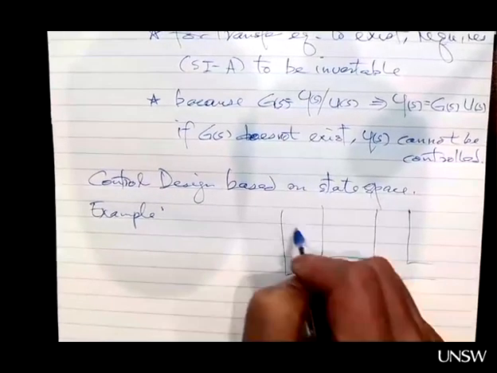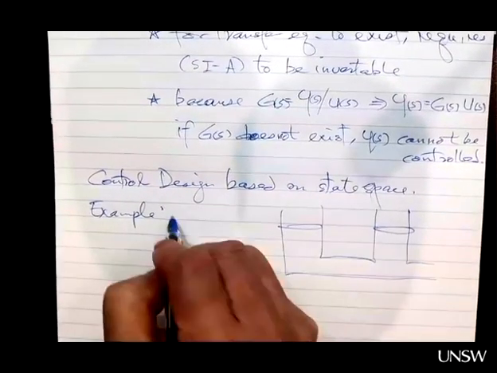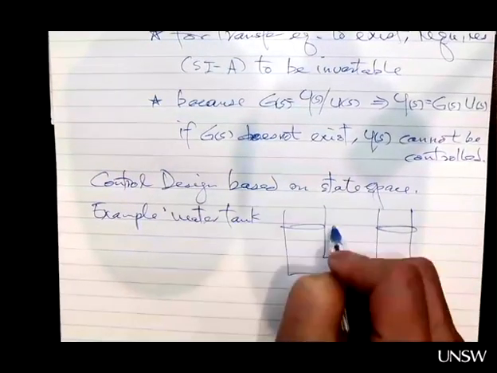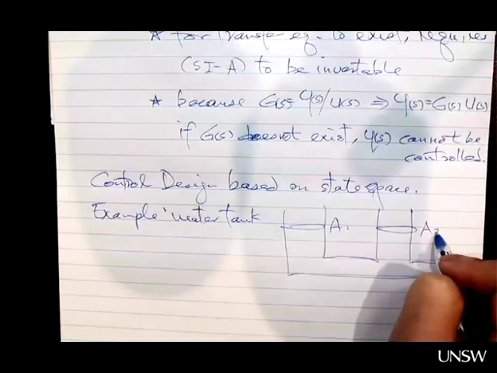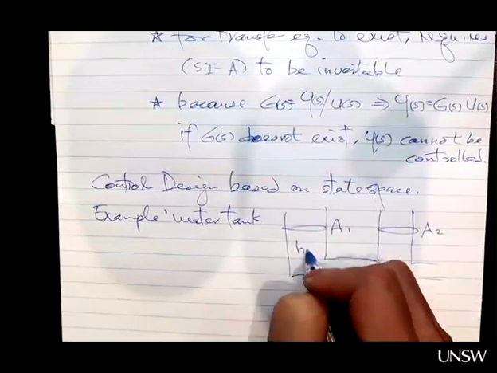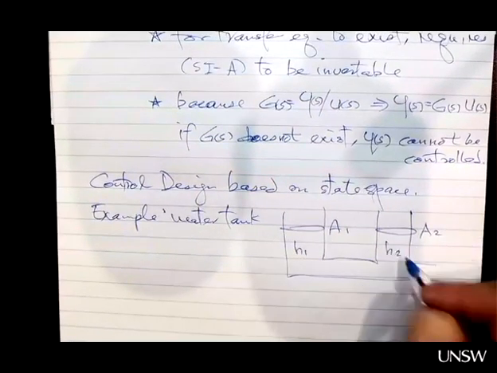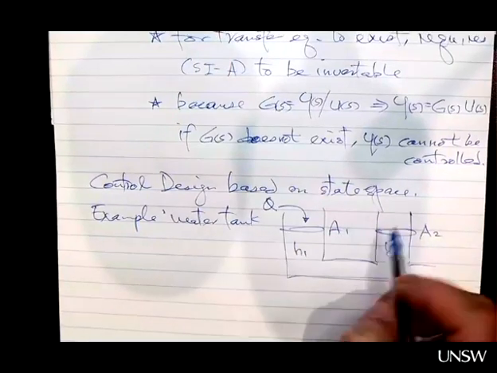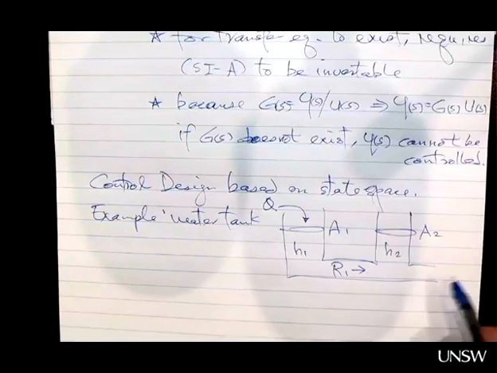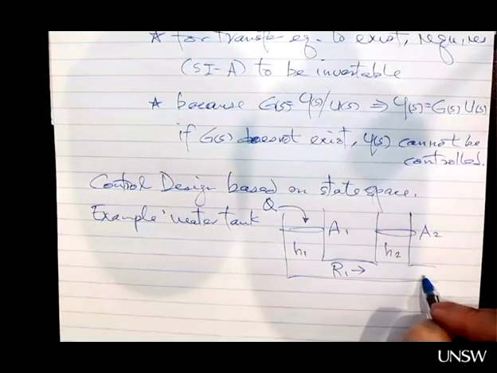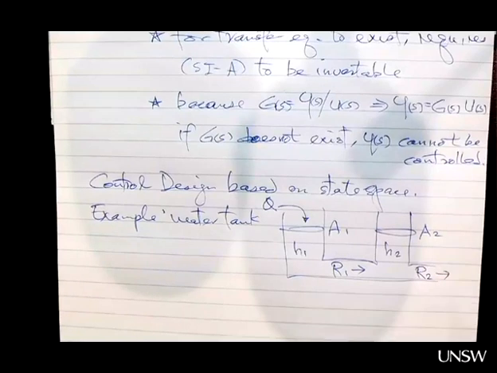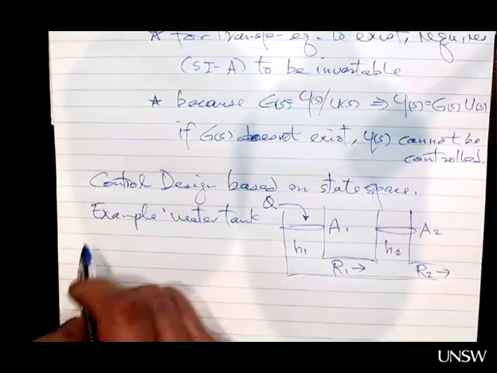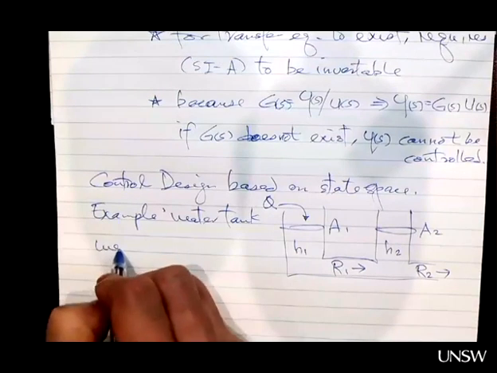So the water tank, the areas A1, A2, and then the heights of the water level H1, H2, and then we have a Q, the inlet, and then we have the resistance between the tanks, and then a resistance at the outlet.